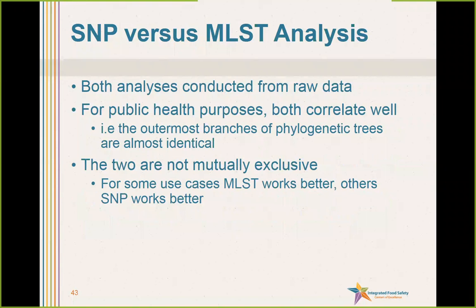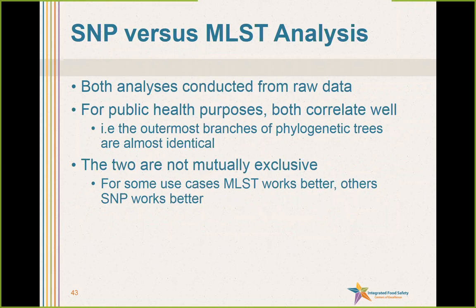So we're looking at SNP versus MLST analysis, and there's a benefit for both of them. Both analyses are conducted from raw data. The benefit is that when reads are put together, they don't need to be put in order, so that analysis can be quicker with MLST.